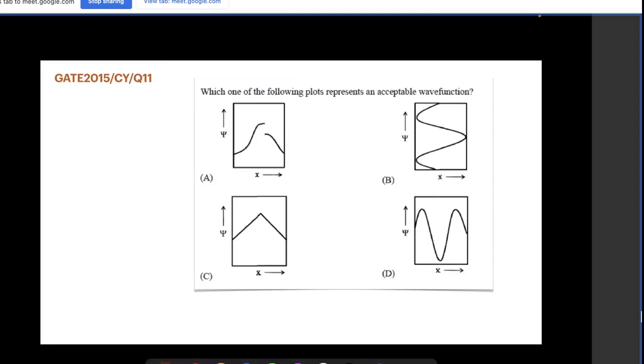So for all the four options that we are given, if I apply the conditions, for A you will see that this is not a continuous wave function.